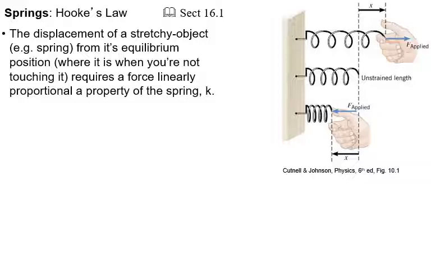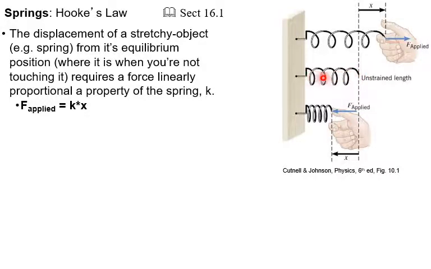So k roughly tells you how stiff this spring is, how resistant it is to stretching or compressing. The way we write this is that the applied force is equal to the spring constant k times the displacement.